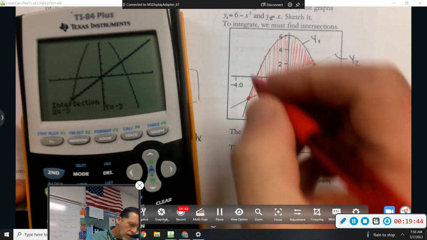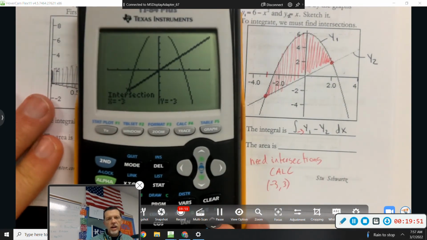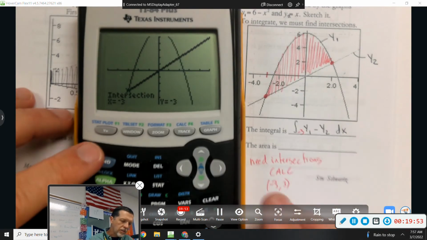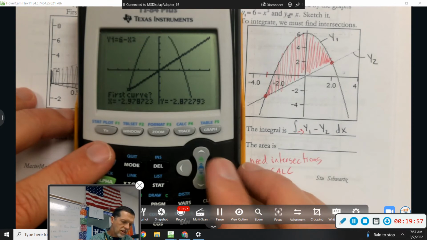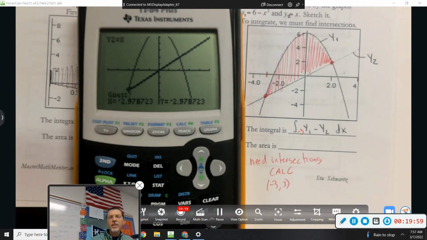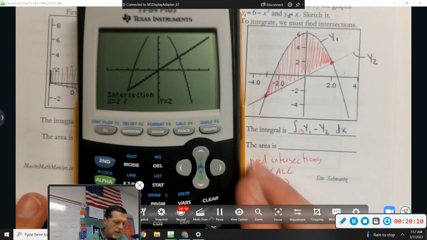So that's my lower limit, negative 3. And then I need to do the same thing for the other intersection. Second calc intersect. First curve, second curve. It does those automatically as long as you only have two curves in there. But then guess, so go closer to the other intersection. That's a 2, 2.